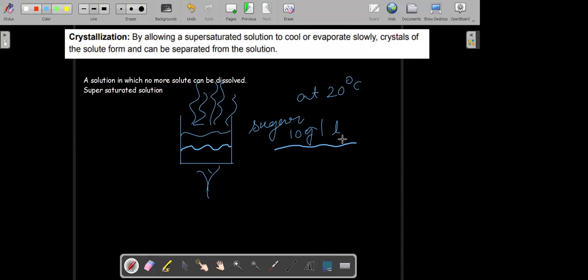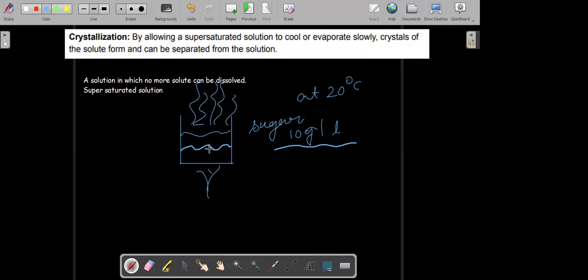So what will happen if I cool down this water? The crystals of sugar will separate out from this mixture.